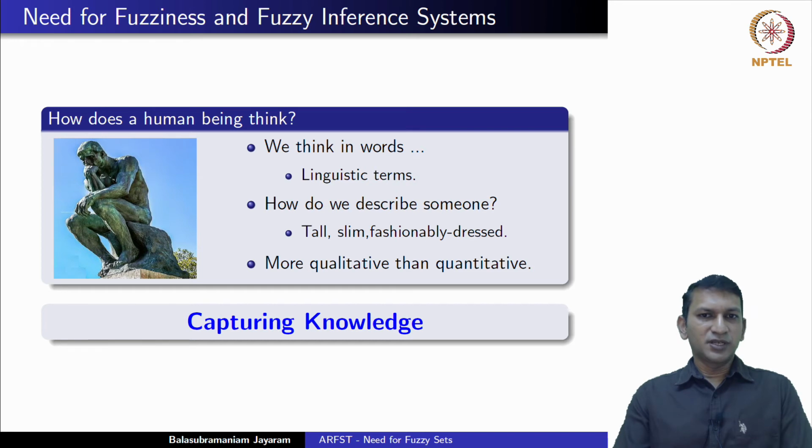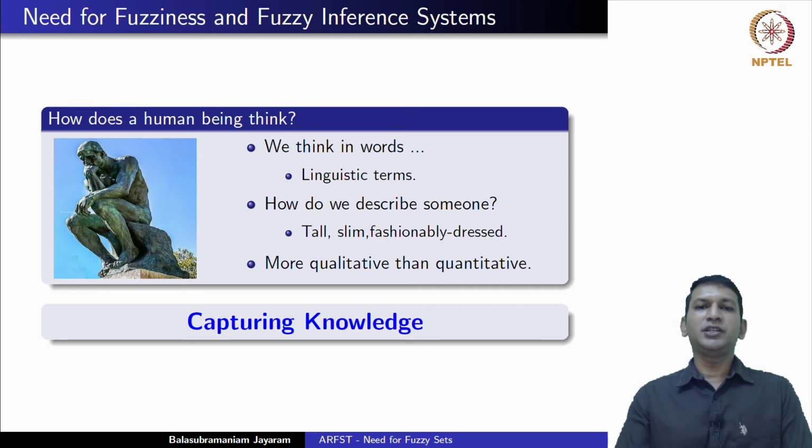There were times when automated systems were being used to support human decision makers. These so-called expert systems used probabilistic tools to arrive at a decision. However, people wanted machines to think like experts.